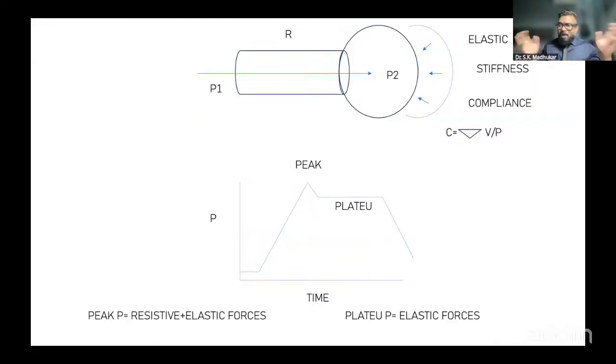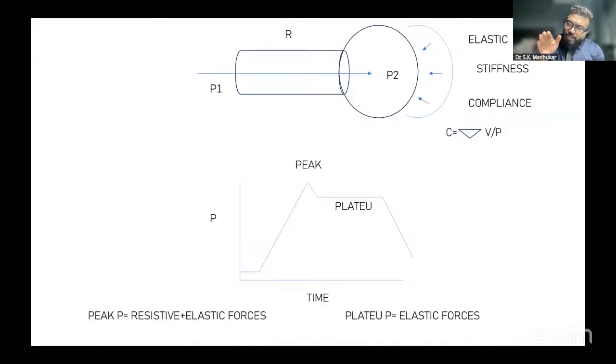Now, if we plot this on a pressure-time graph, how does pressure change with time? In the lower pressure-time graph, you will see that at the beginning of inspiration the pressure rises sharply and reaches a peak.